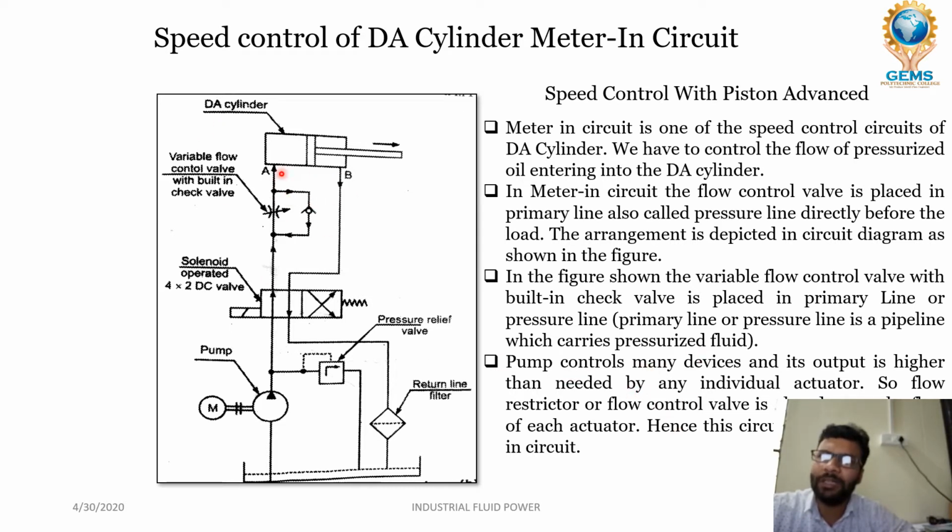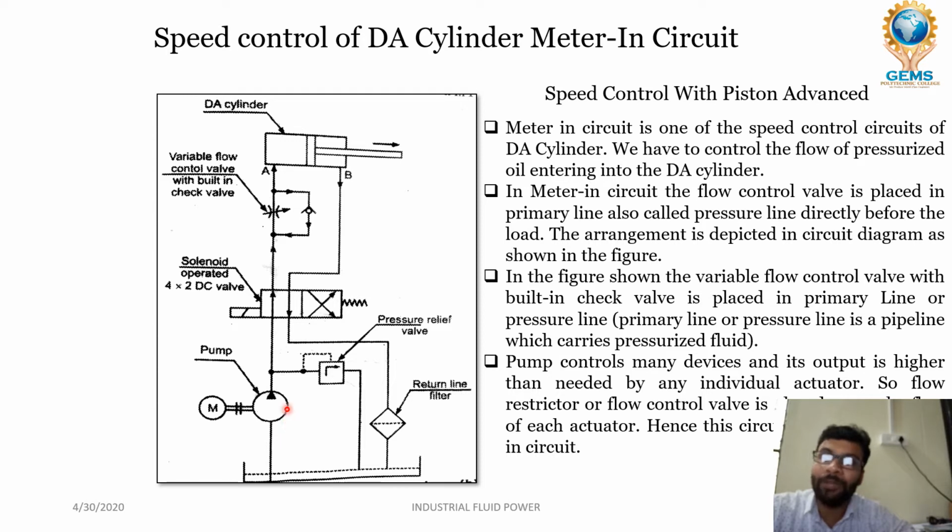Why are we giving this in the main control line? Because this one pump controls many devices in the industry, and its output is higher than needed by any individual actuator. Like this actuator, there are so many actuators which are controlled by a single pump.